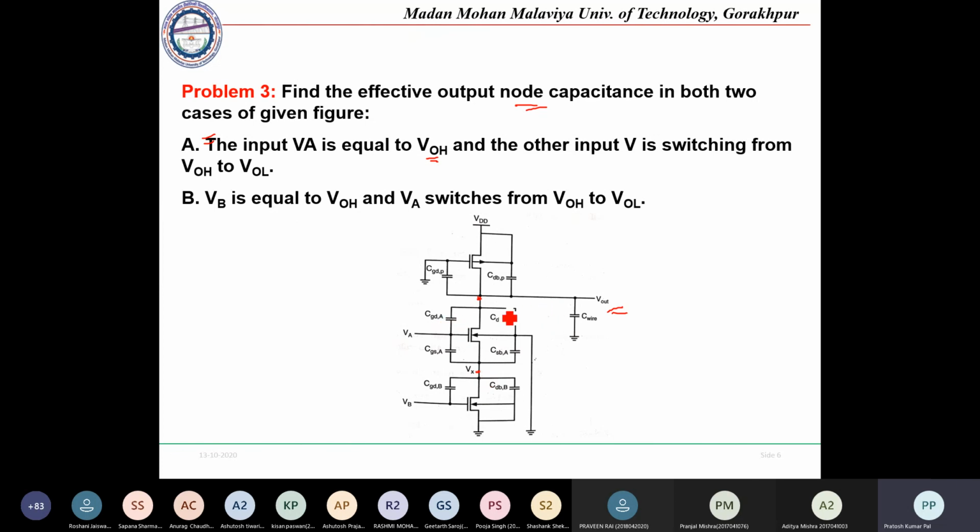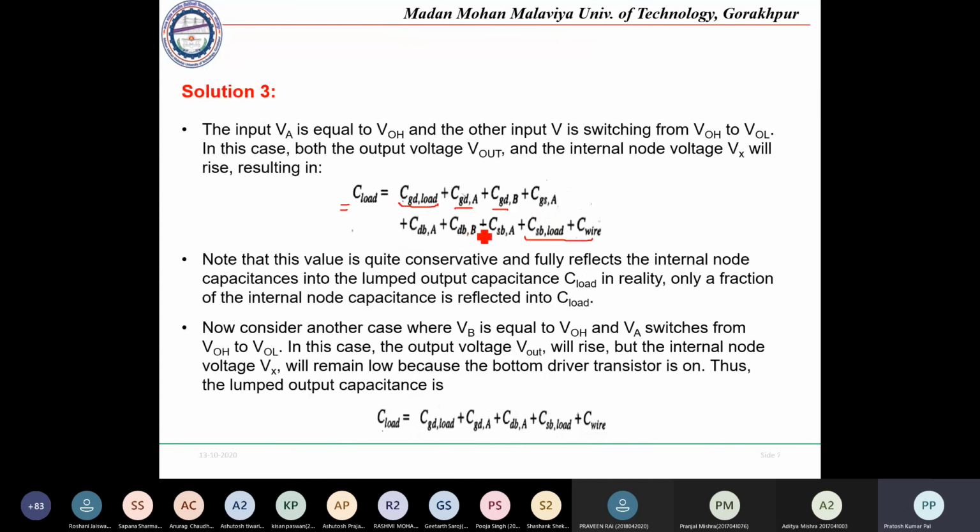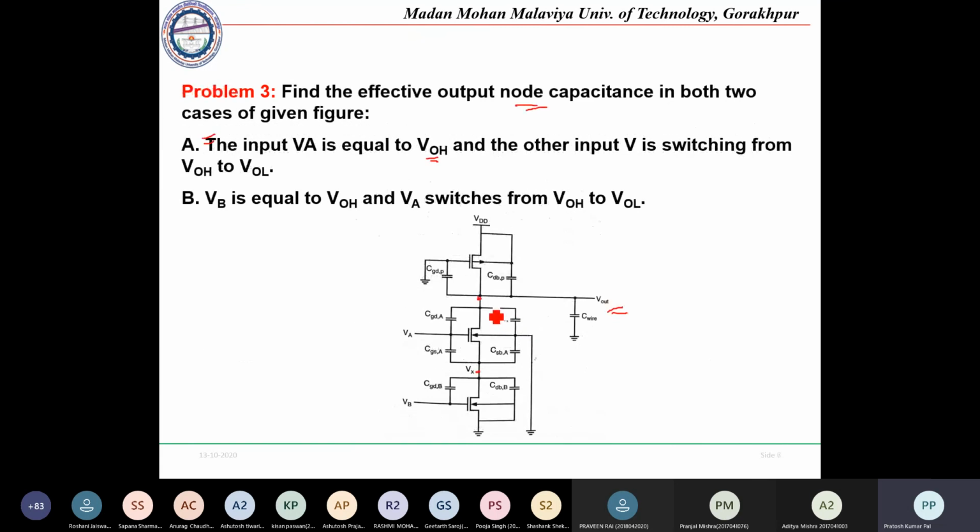Similarly, CGD of A will be. Next is CGS of A and CDB of A. Because this is connected to the output terminal, it will be considered. CGS is also connected to the output terminal, so it will also be considered, because it affects the output.